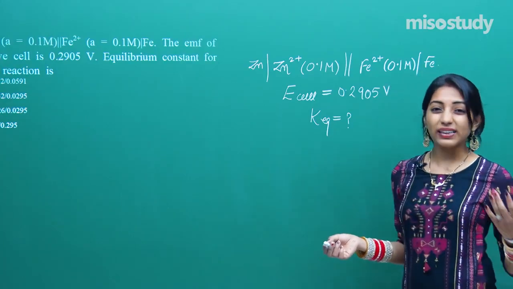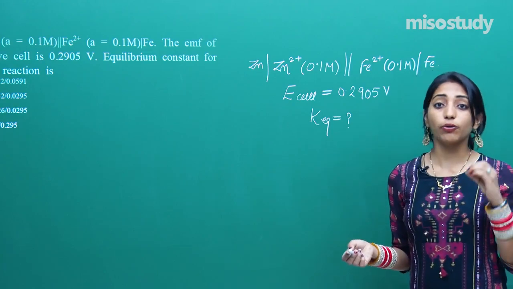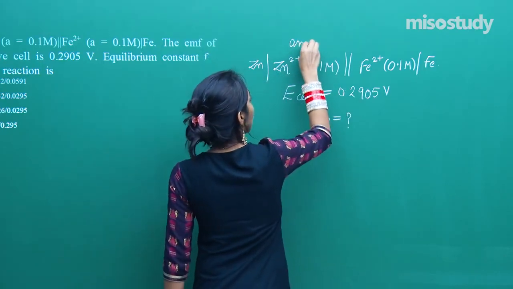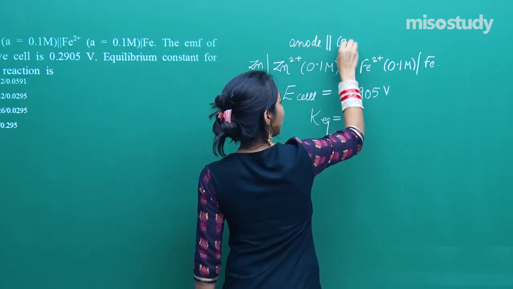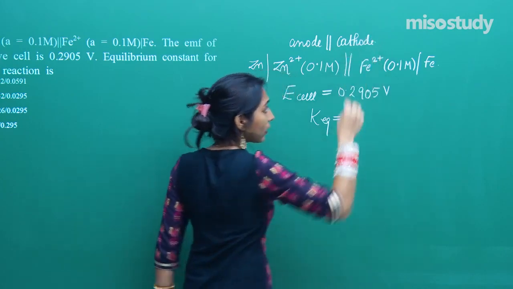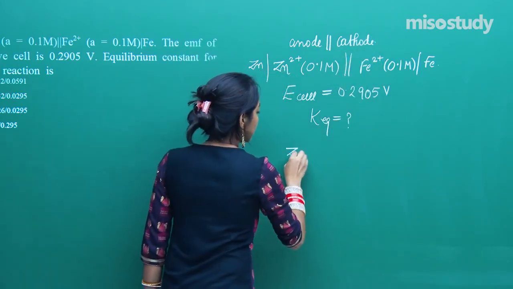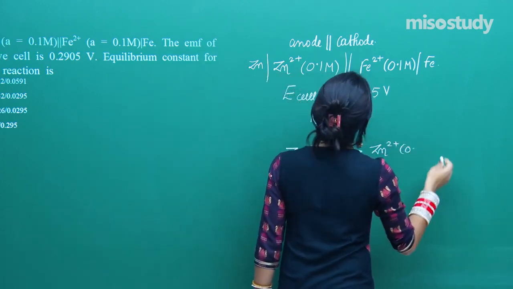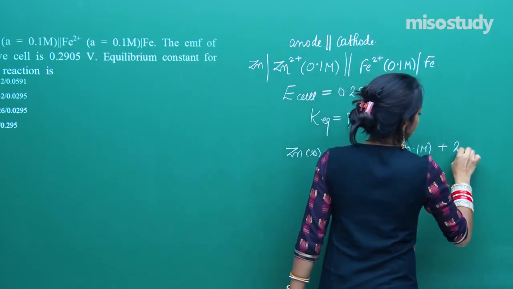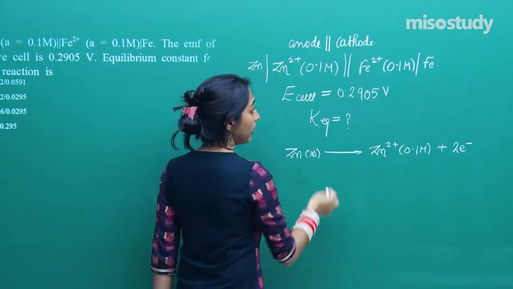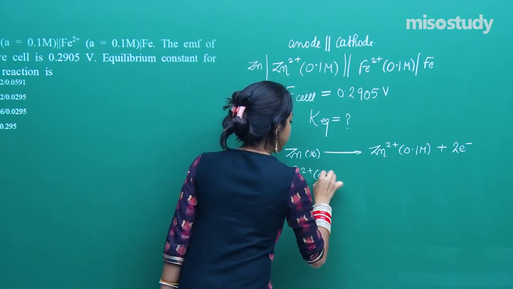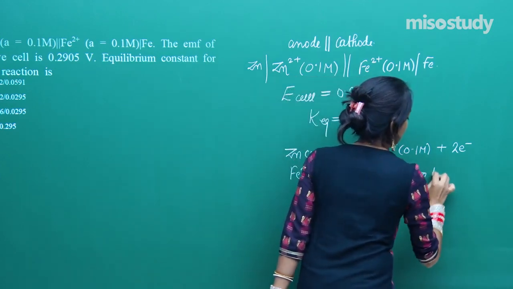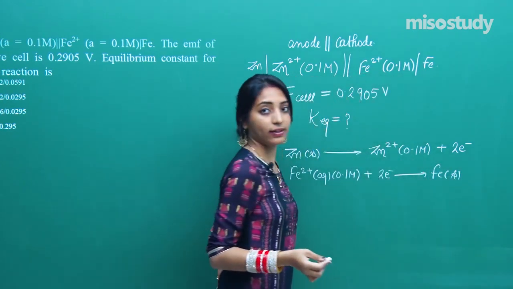So for that we need to use the Nernst equation, and to use the Nernst equation we first need to write the equation for the cell reaction, right? So see here, this is the anodic compartment and this is the cathodic compartment, right? So I will say zinc solid is losing 2 electrons to form Zn2+, which is 0.1 molar in concentration, and the other is Fe2+, which is once again 0.1 molar, will accept 2 electrons and form iron in the solid state, right?